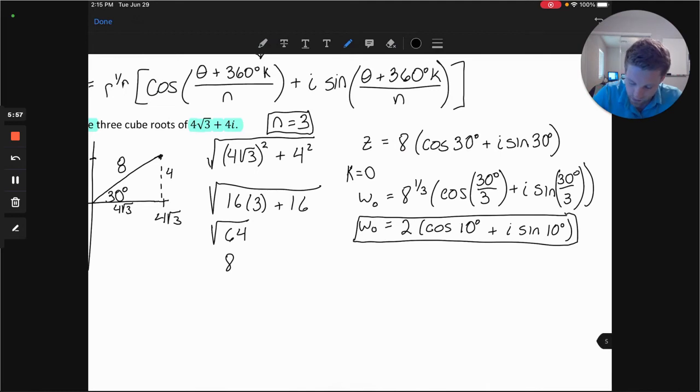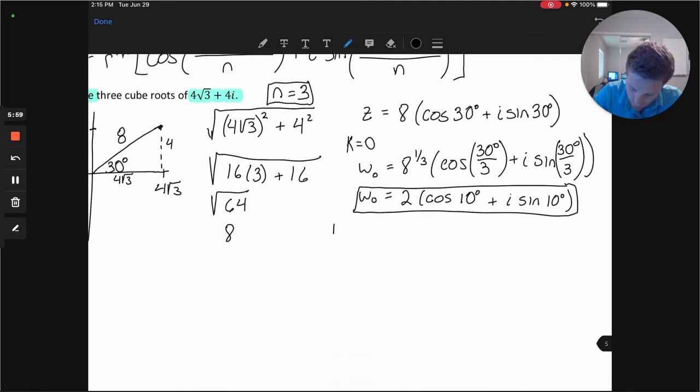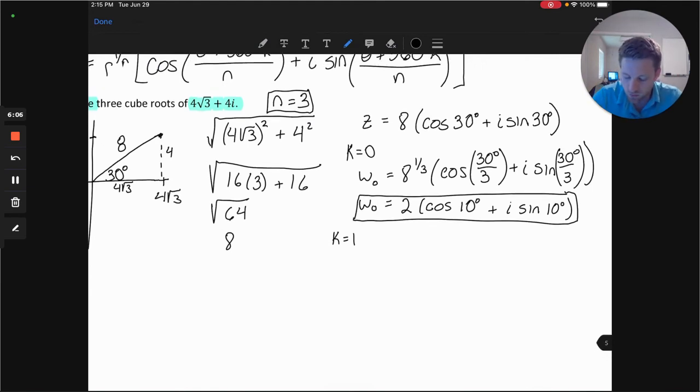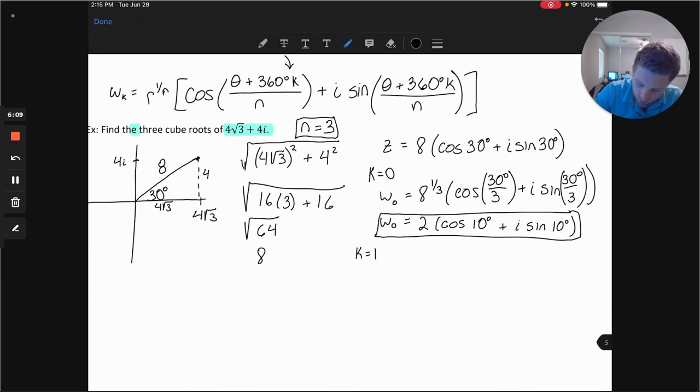The next case is where k is equal to 1. So we're going to do the same formula, but now k is going to be equal to 1. So let's rewrite that with w sub 1. We'll still have 8 cube rooted, or 8 to the 1/3. We'll now have cosine of 30 degrees plus 360.